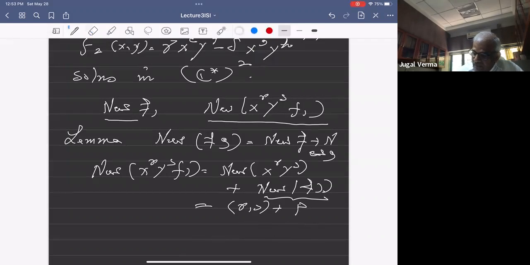If I multiply a Laurent polynomial by a monomial, then the Newton polygon just gets translated.